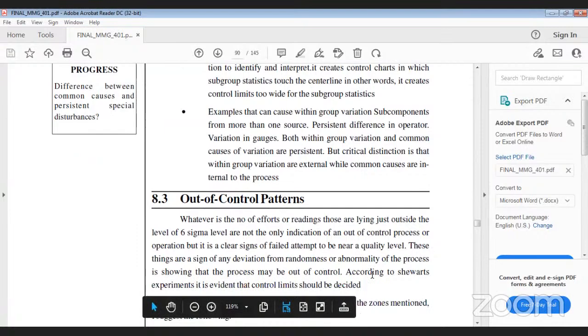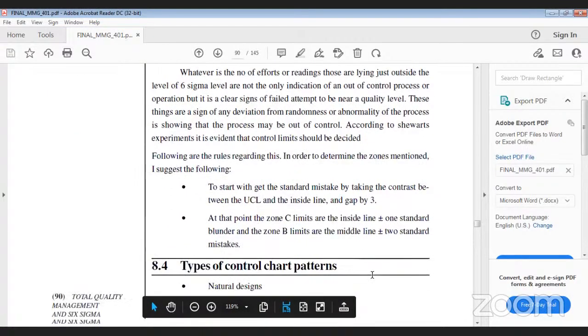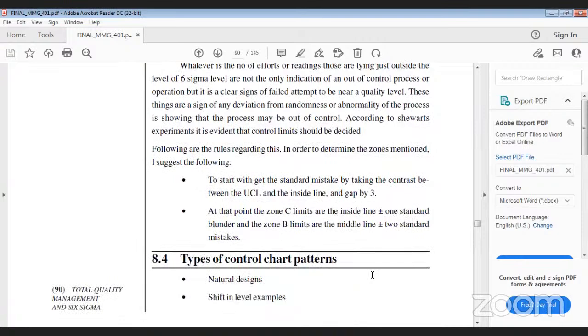To start with, get the standard error by taking the difference between the UCL, the upper control limit, and the lower control limit. Zone C limits are inside the line, plus or minus one standard error, and zone B limits are in the middle of the line, at plus or minus two standard errors here.